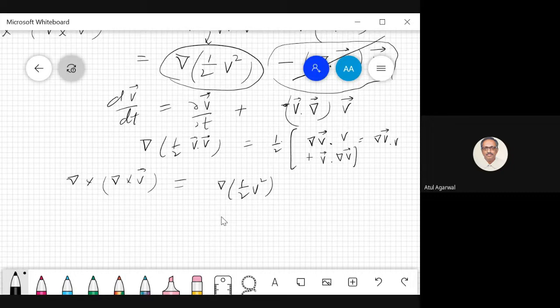So there was a minus sign. So we want this term, minus dV by dt plus del V by del t.